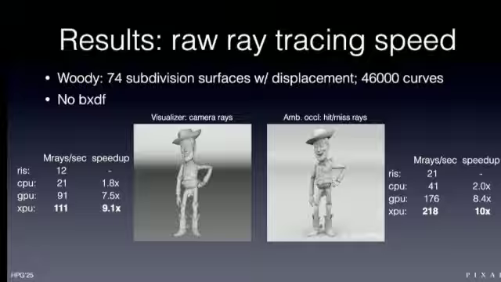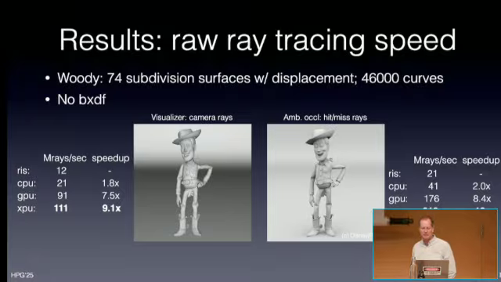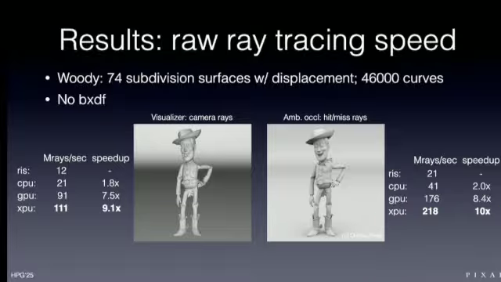Okay, I skipped that. It says here 74 subdivision surfaces. They all have displacement, so there's a displacement shader running. It might surprise you, he's a plastic toy, but he actually has a lot of curves too. It's not his hair, his hair is just plastic, but he has fuzz on his jeans and I think on his shirt also. So just tiny little hair curves.